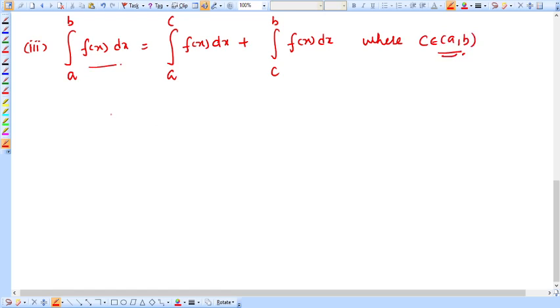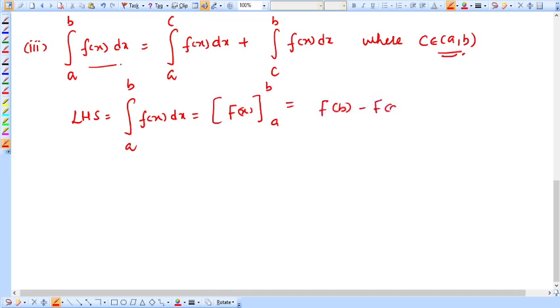It will also be done as we did in property number 2. Take first of all the left hand side. Left hand side is equal to a to b f of x dx. After integration you are going to get another function, capital F of x, and the limits here would be a to b. So it is nothing but F of b minus F of a. Now look at the right hand side. Right hand side is equal to integration a to c f of x dx plus integration c to b f of x dx.